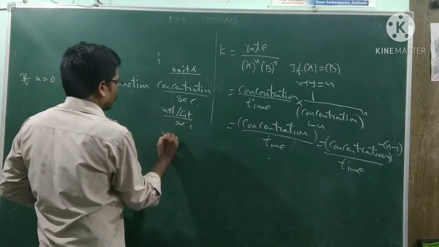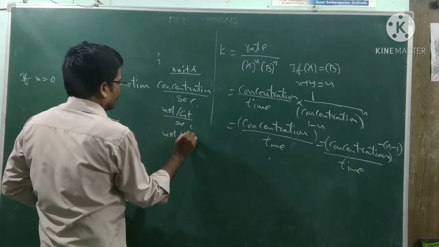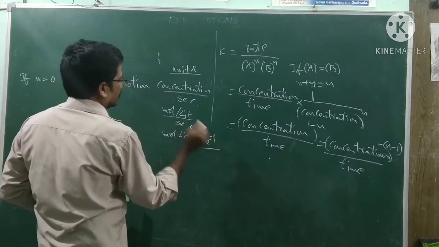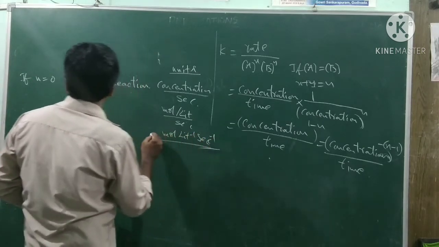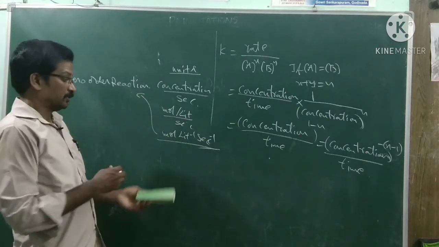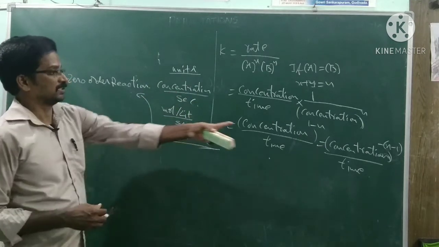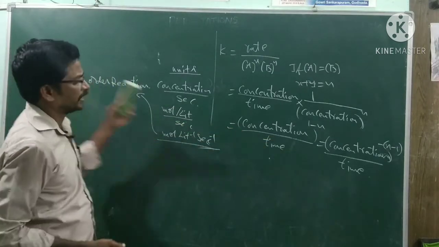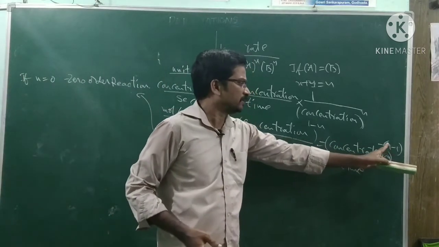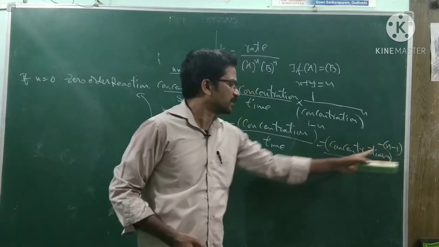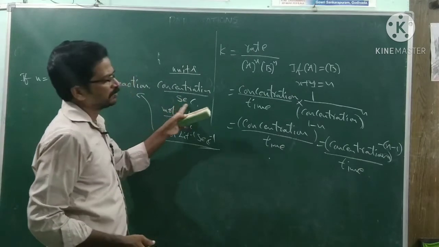You may write mole, liter inverse, second inverse as the units for zero order reaction.